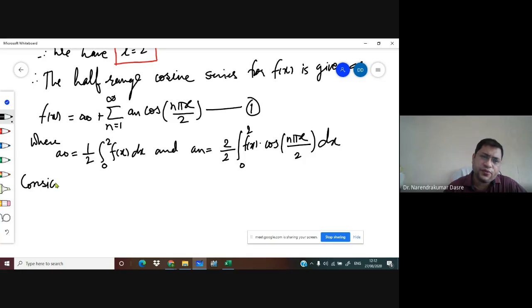Now consider a0 is equal to 1 by 2, integral 0 to 2, the function we have is x, and this is dx.